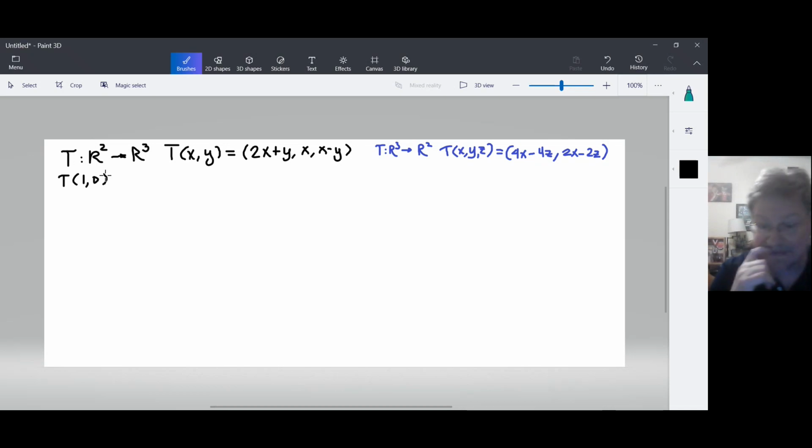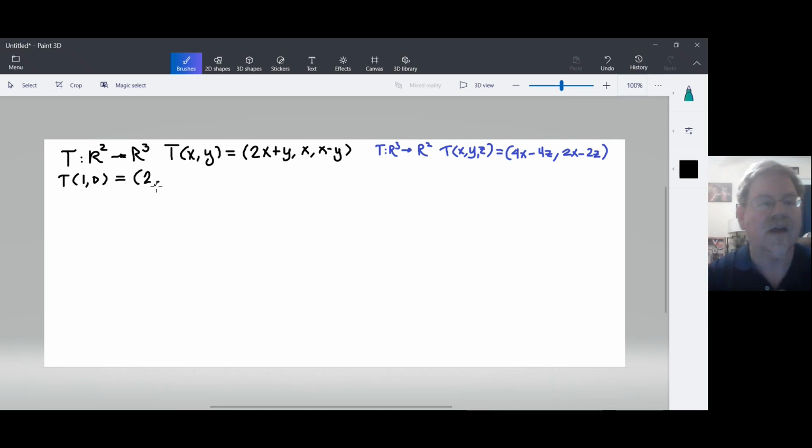The standard basis for R2 is (1, 0) and (0, 1). Where does (1, 0) get mapped? Here x is 1 and y is 0, so 2x plus y is 2 times 1 plus 0, which is 2.